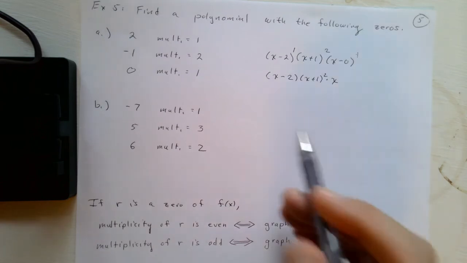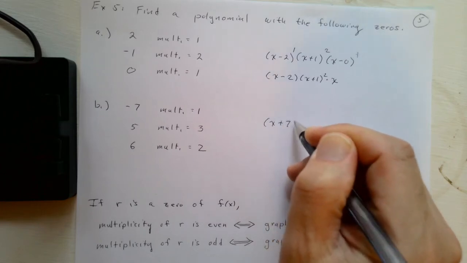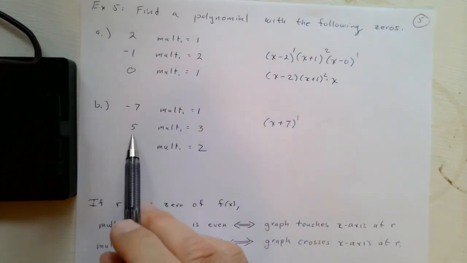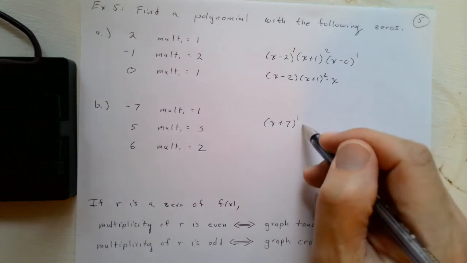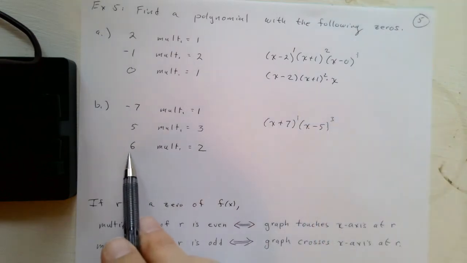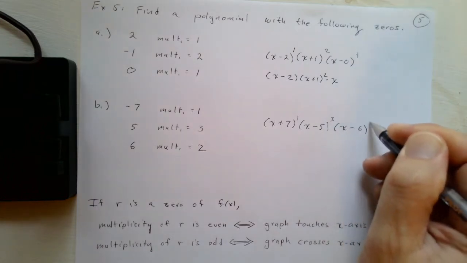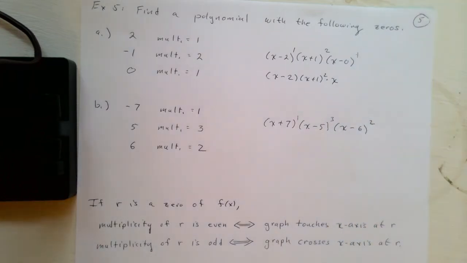Same thing, and then, okay, negative 7 means x plus 7 is a factor, and the multiplicity is 1. This means x minus 5 is a factor, and the multiplicity is 3. And this says that x minus 6 is a factor, and the multiplicity is 2. Okay, so there's your polynomial.